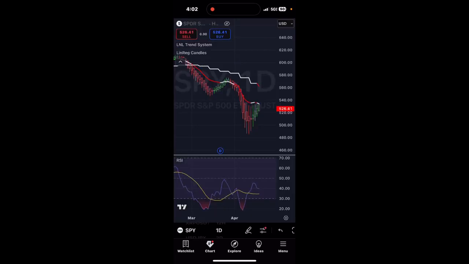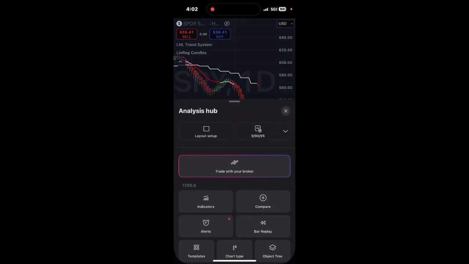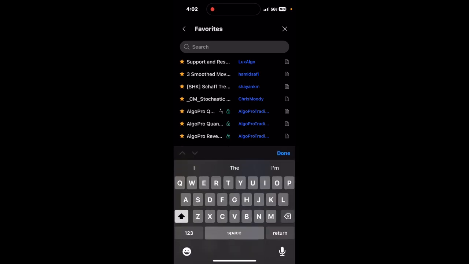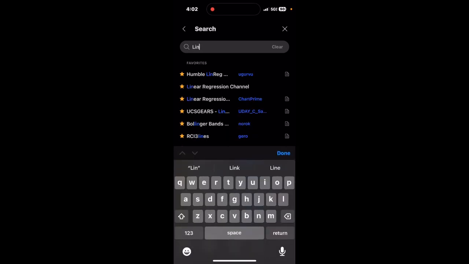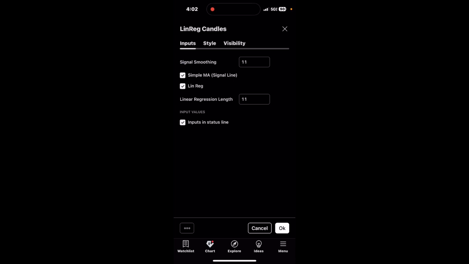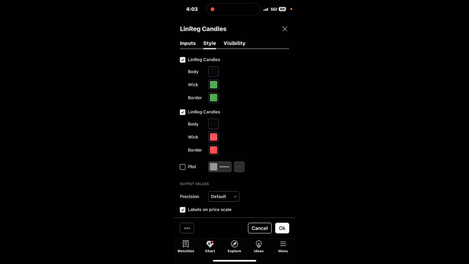Set that up. Now this is optional, but I choose to do it this way. I also have the linear regression candles. If you go to linear, it's under Humble Linear Regression. Select that. Now what I do is I basically remove the body, but that's just me.